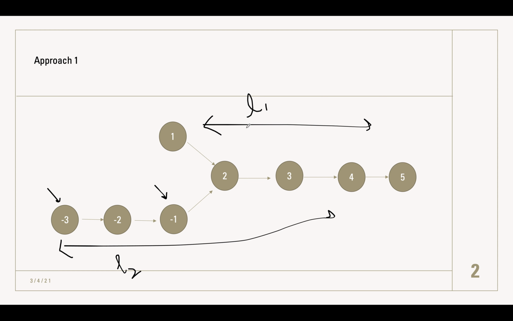The complexity would be twice of order of L1 plus L2 for this case, because you are first of all finding the length of the two linked lists and then you are moving in the linked list so as to find the point of intersection of the two lists.